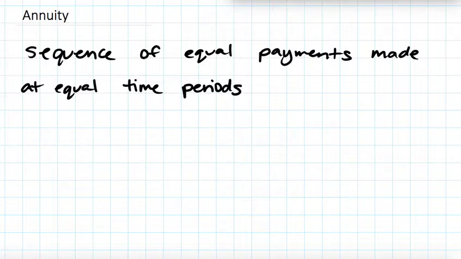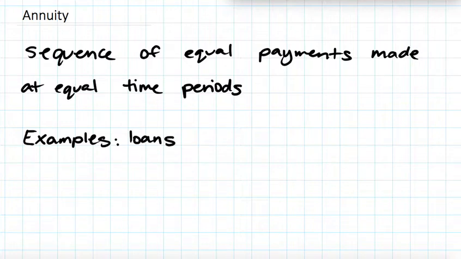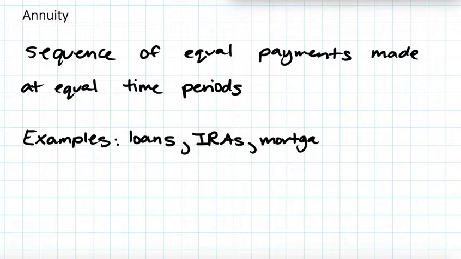Some examples of situations where annuity formulas are used include loans, IRAs, retirement accounts, mortgages, which are a type of loan, where you're paying back the loan or the mortgage at equal amounts at equal times. Like once a month you would make your payment.